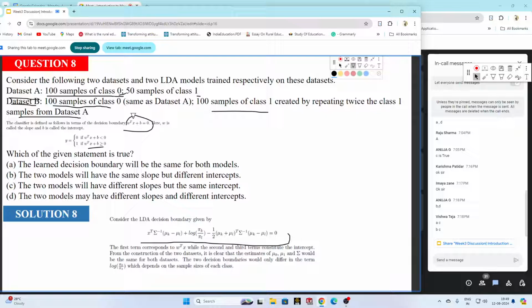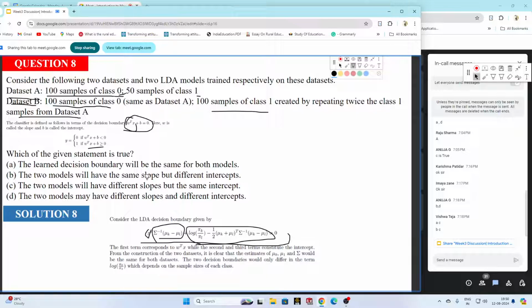The first term, here also we have input and here also we have input, and this we can consider as slope. What about the intercept? These two terms can be considered as intercept. Again, if we compare this equation with this equation, here we have input, here we have input.